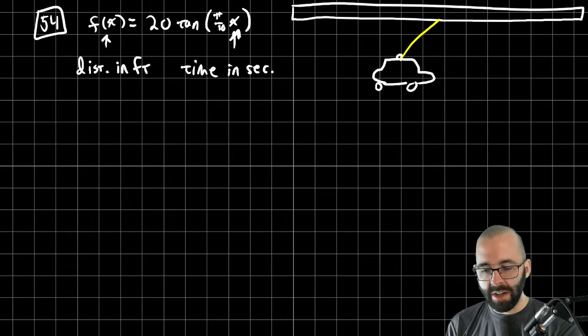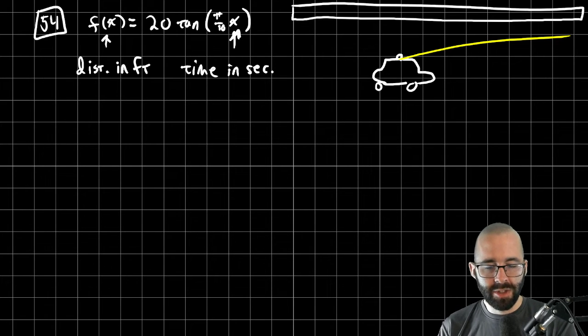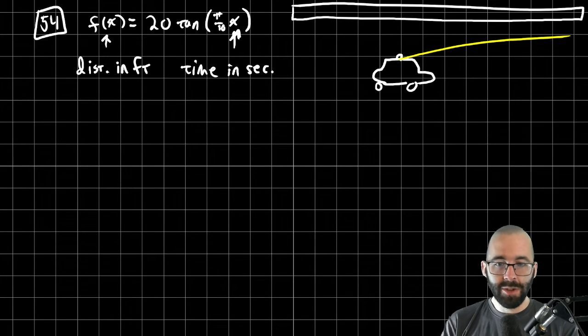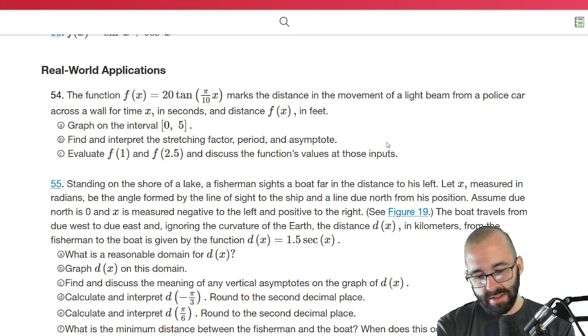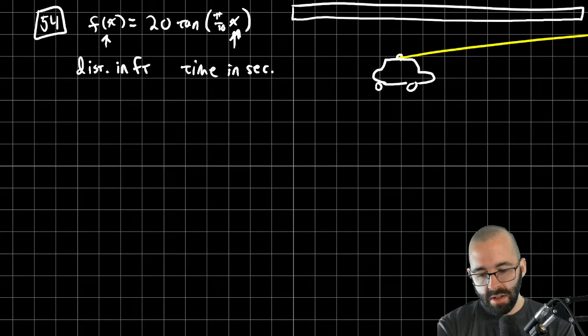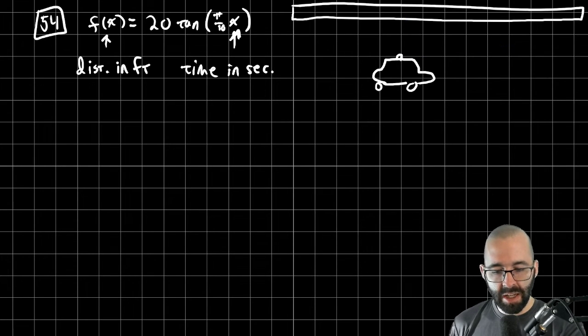And then later it's shining over here. And as time goes on, assuming that light can go infinitely far, and which I'm pretty sure it can, and the Earth is flat, which I'm pretty sure it isn't, but if we assume that, then this distance, right? Specifically, what is this distance? The distance in the movement of a light beam from a police car across the wall. So basically it just means what is the distance from where the light hits to this point. Okay, that's kind of what's being illustrated here.